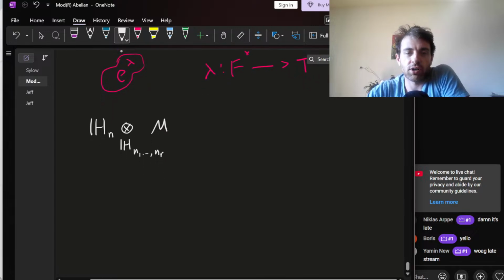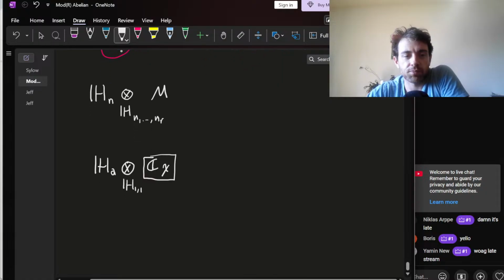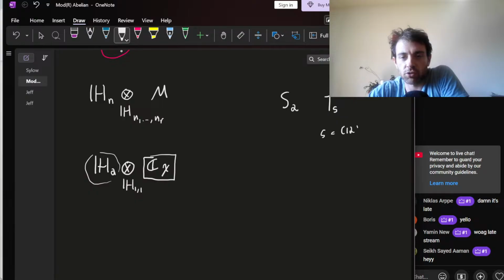So, for instance, in the case of GL_2, I tensor up over the Hecke algebra of the torus, and those are just all these one-dimensional modules. And in the case of the Hecke algebra for GL_2, our Weyl group is just S_2. So there's just the trivial element, and then this one, corresponding to the non-trivial element of the Weyl group.